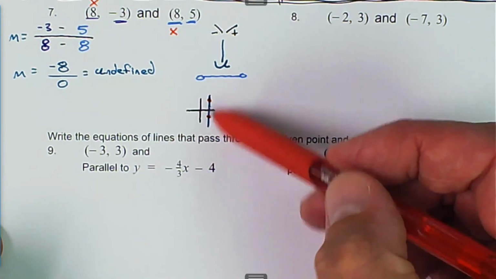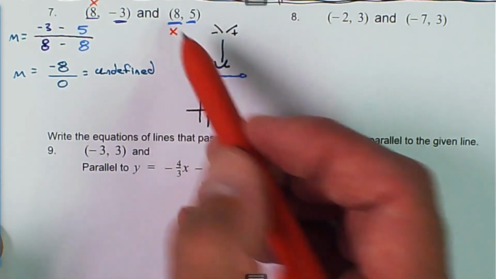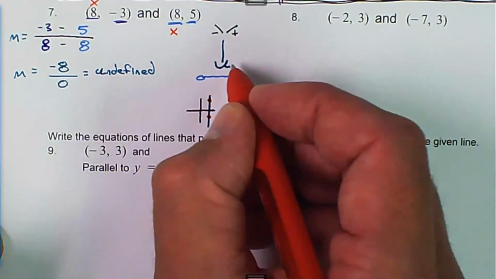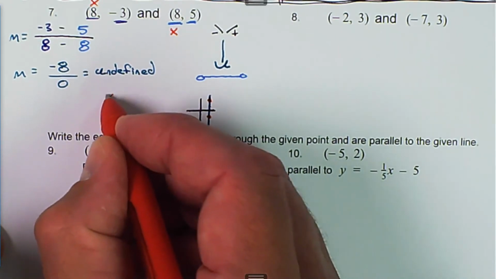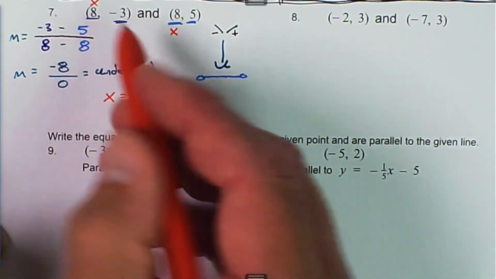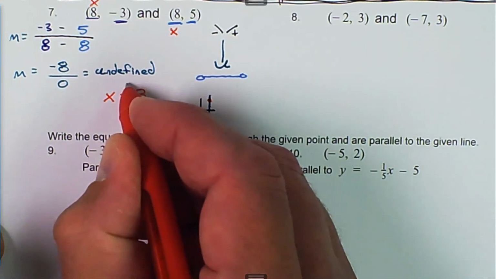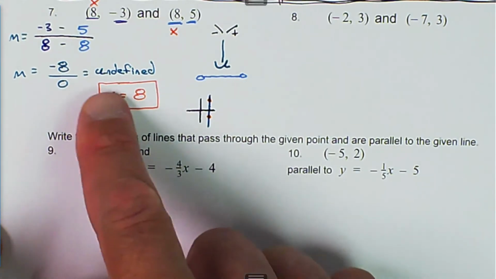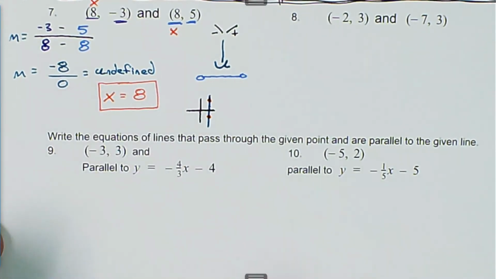The thing that always stays the same is that X is always equal to 8. So whenever we have an undefined or vertical slope, that's going to tell us what our X value is. So X is equal to something. In this case, X is equal to 8. So that's if we calculate an undefined slope.